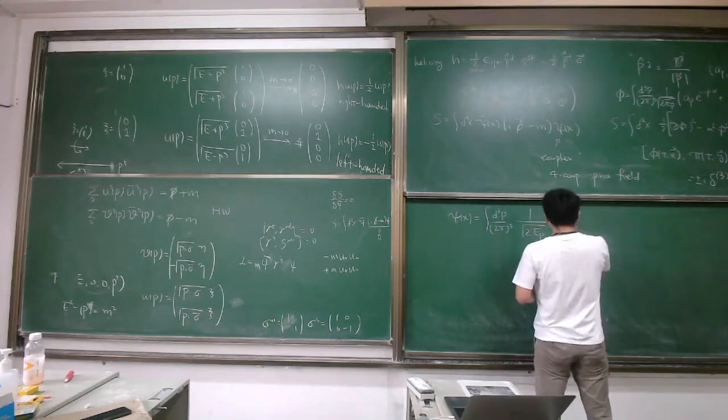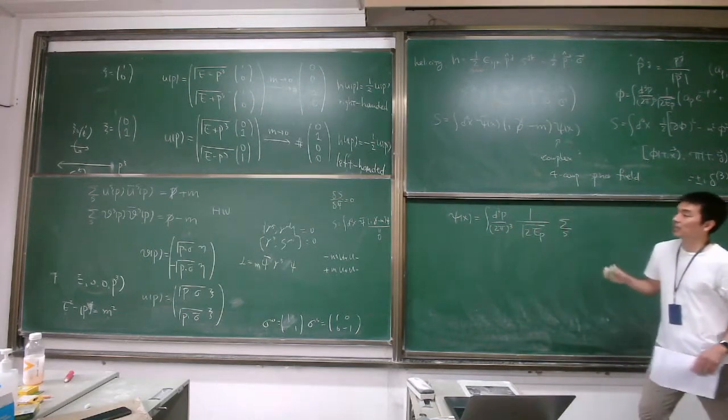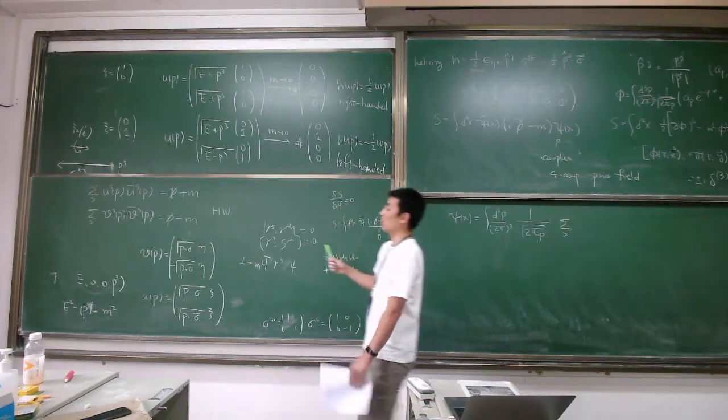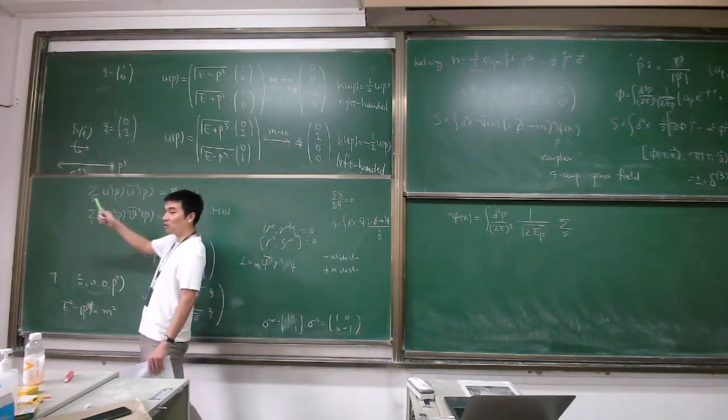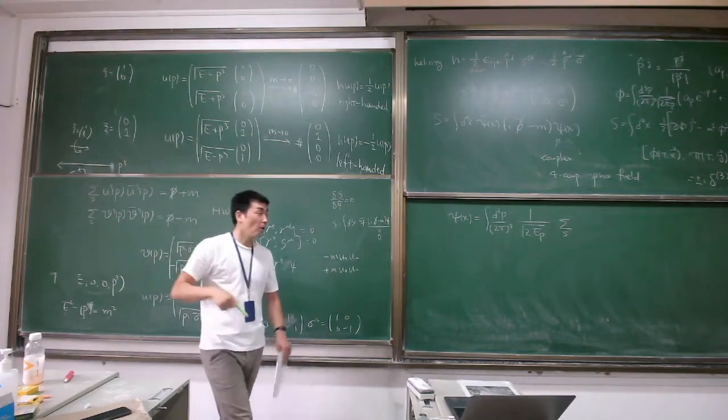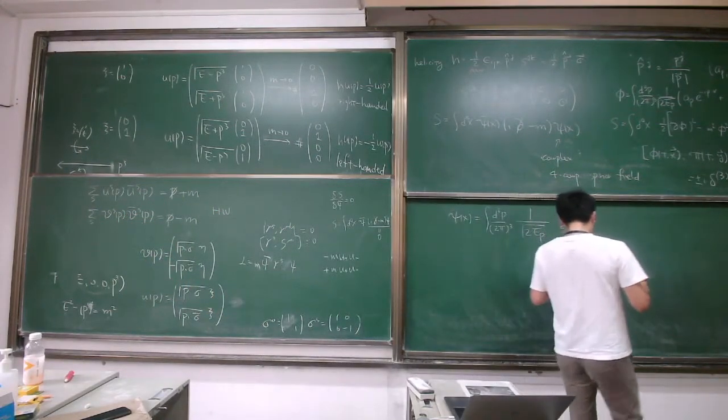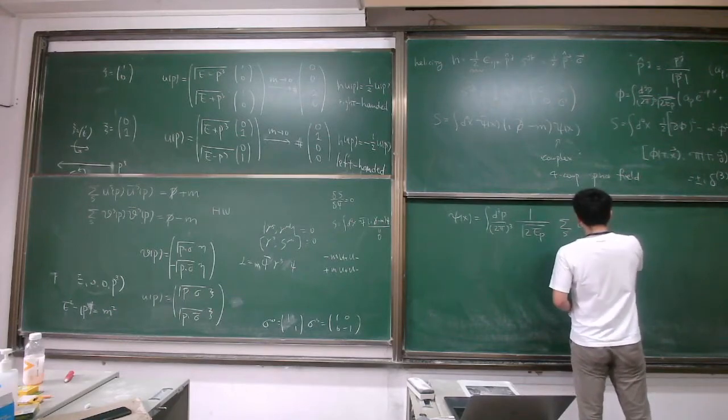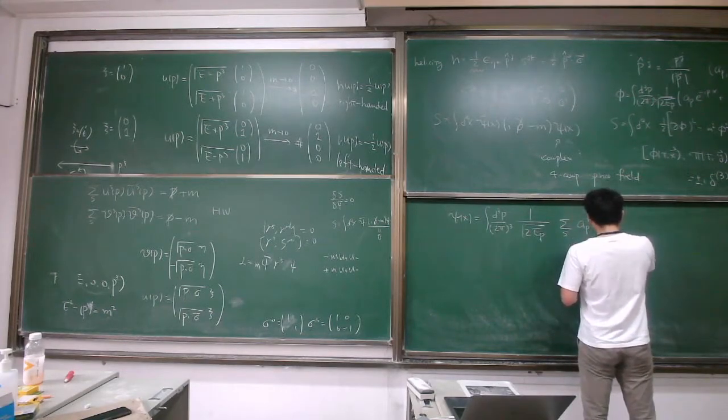And then now we have the S. S here is the spin polarization. S is the four-component spin polarization. So therefore, what we have is a u_p^s.